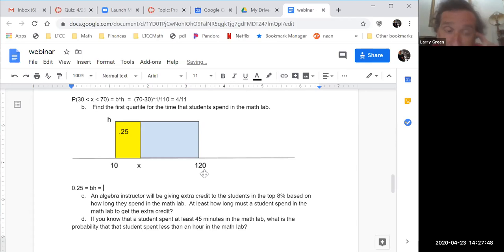The base is, well, you look at that yellow rectangle, that's how wide the bottom is. And you always subtract the right minus left to get that base. And that's x minus 10. As Austin mentioned. What's the height?